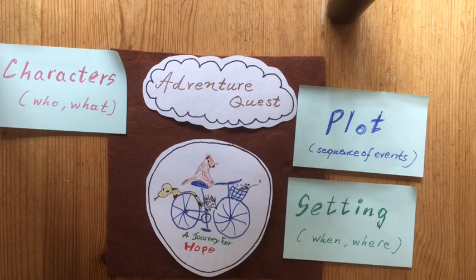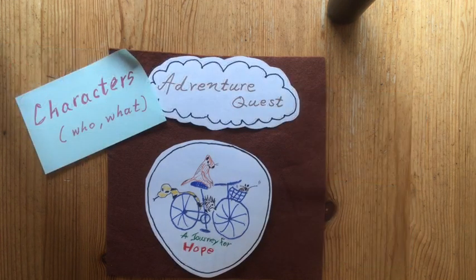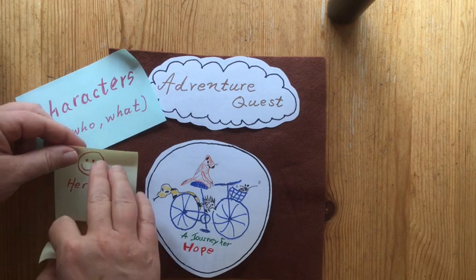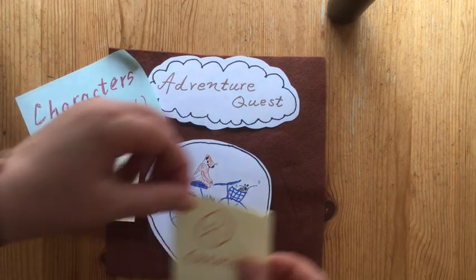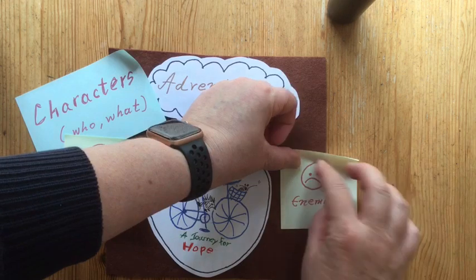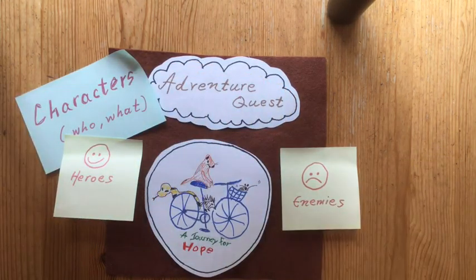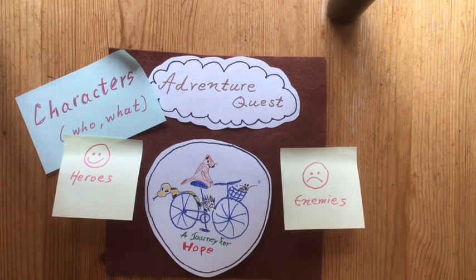Let's look at those more closely. Now, in every story, we have two types of characters. We have our heroes, which are the good guys, and we have the enemies, or the bad guys. Now, you might be thinking, oh, I don't remember any bad guys in the Journey for Hope.